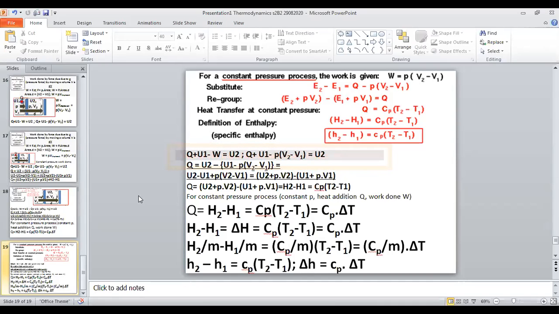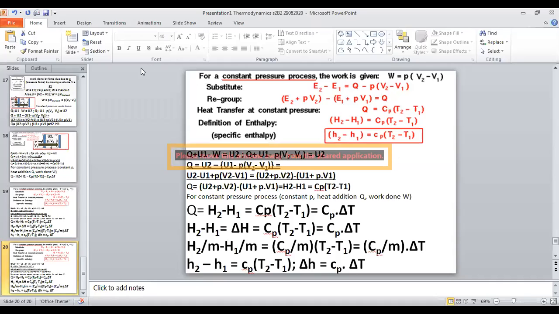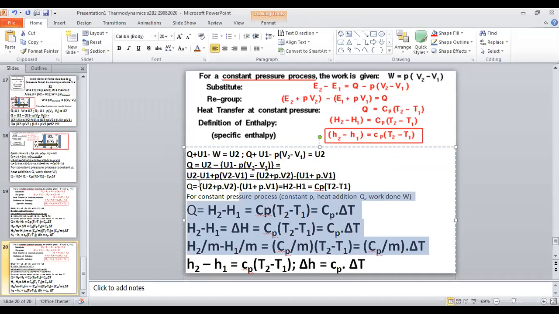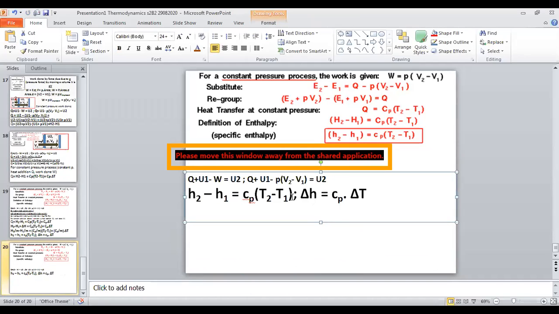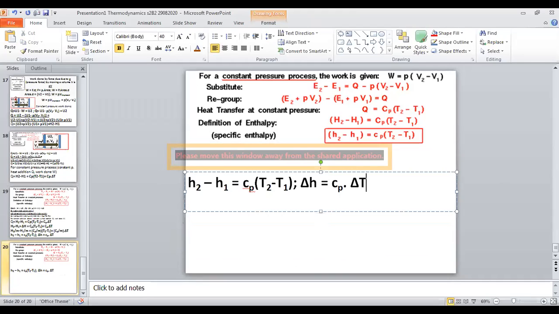Delta H is Cp delta T. Same here. H2 minus H1 as Cp (T2 minus T1), or as delta H as Cp delta T. This should be in your mind.